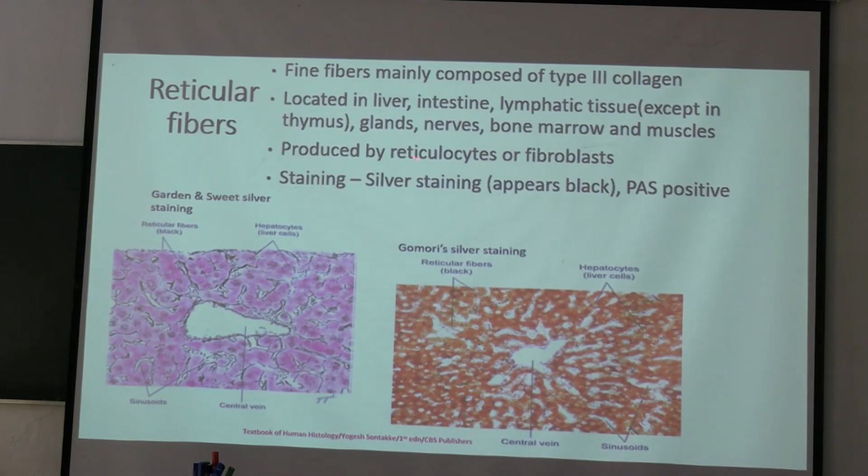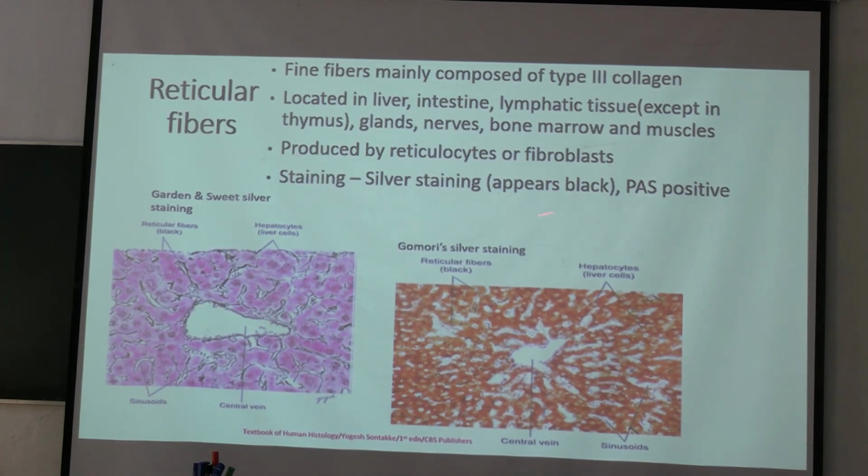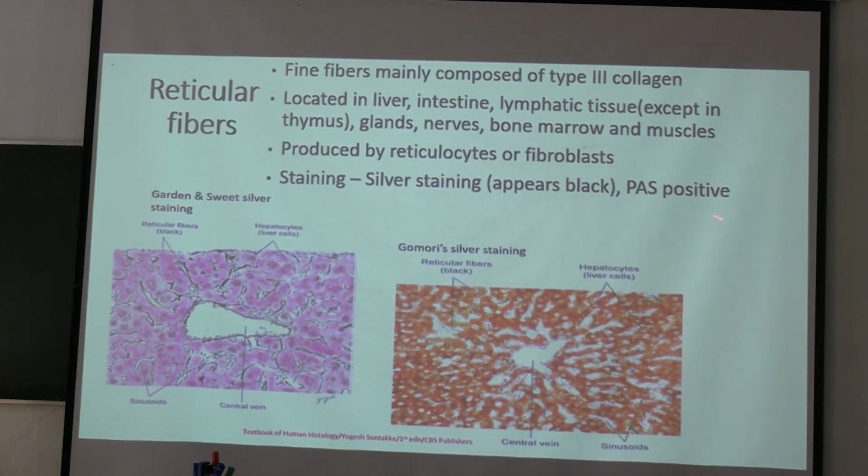It is produced by reticulocytes or fibroblasts. Staining is silver staining, in which it appears black, and another staining it takes is PAS staining, PAS positive. PAS full form is periodic acid Schiff staining.